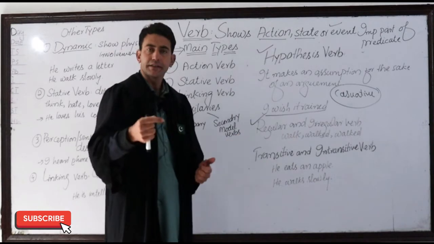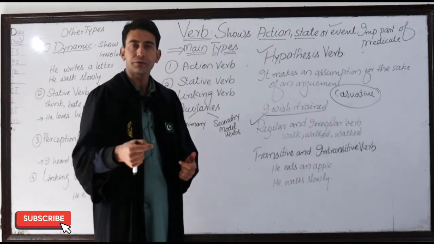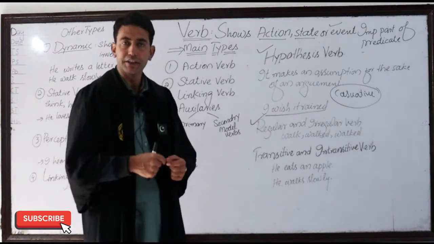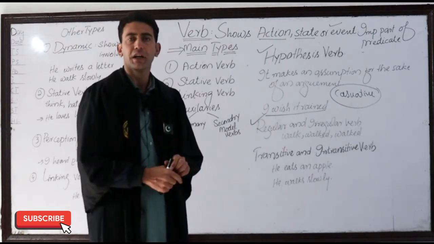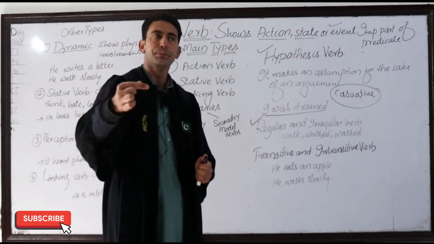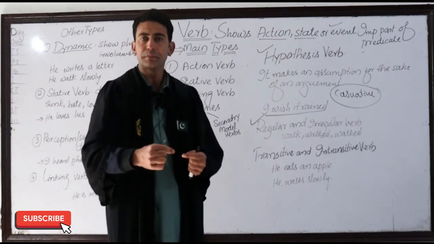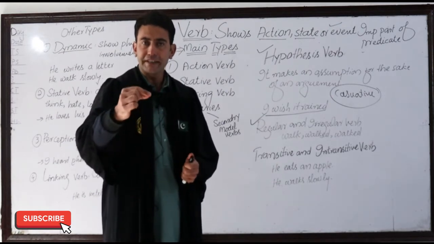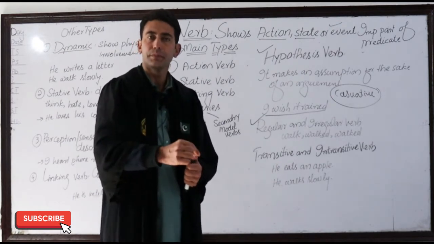We can't get the second and third form of an irregular verb by adding d or ed to its first form. Like look at this example: begin, began, begun; come, came, come; become, became, become.